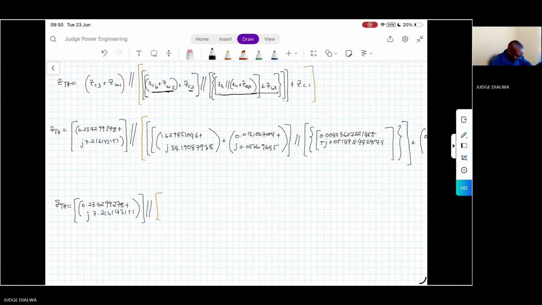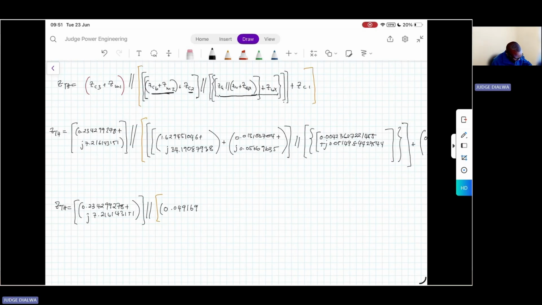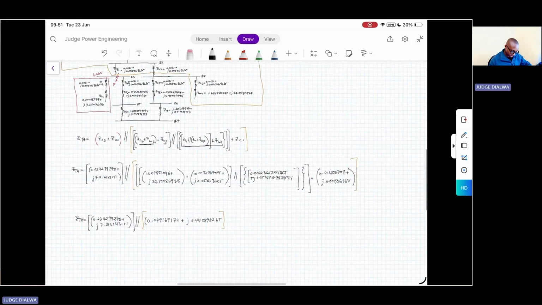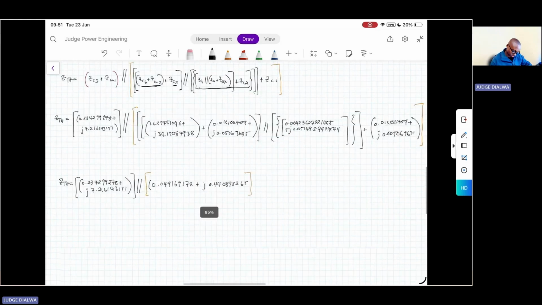Everything between the square brackets should give you 0.049169 plus j0.440898265. That is what all this chunk simplifies to.